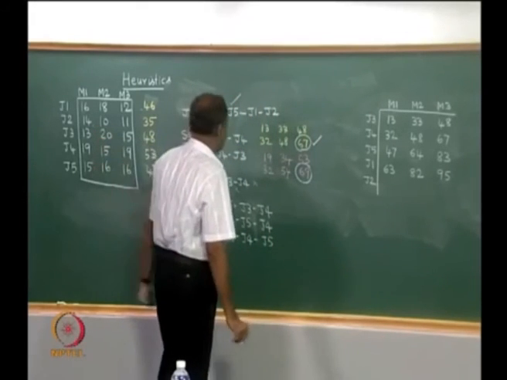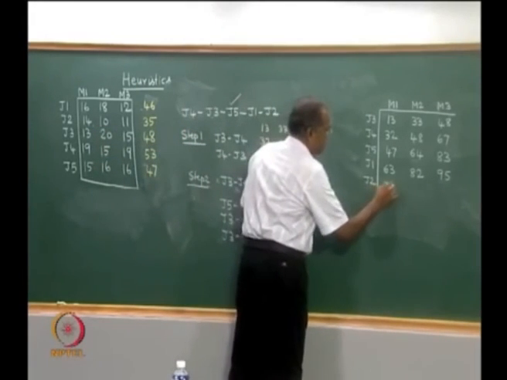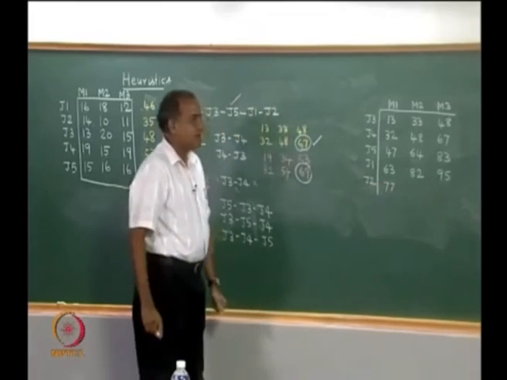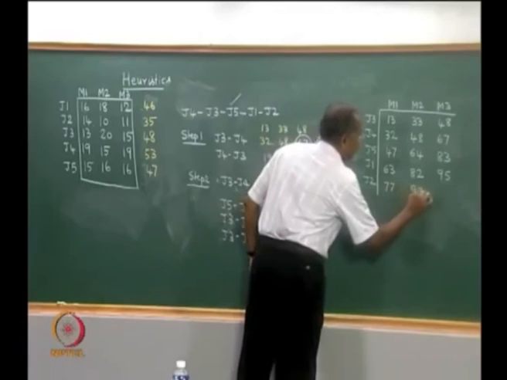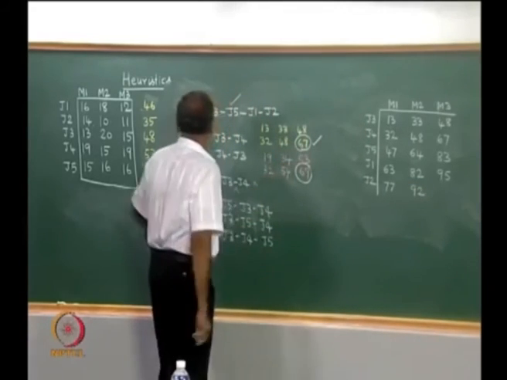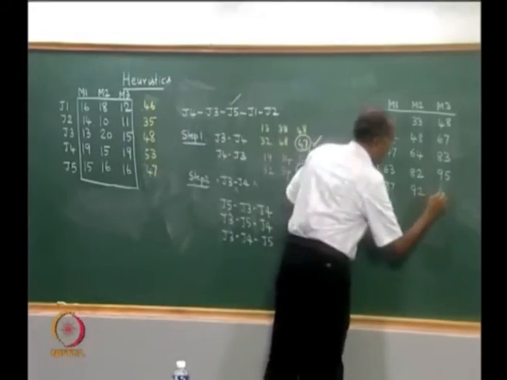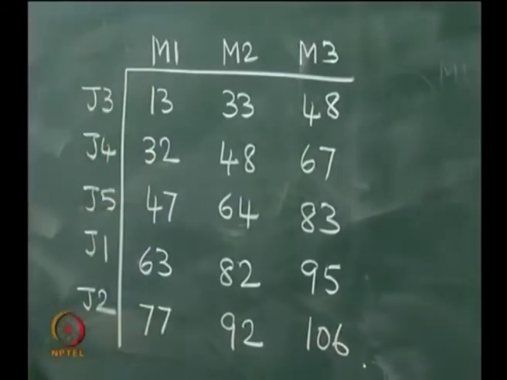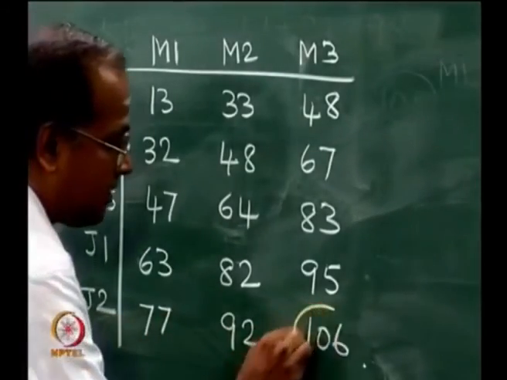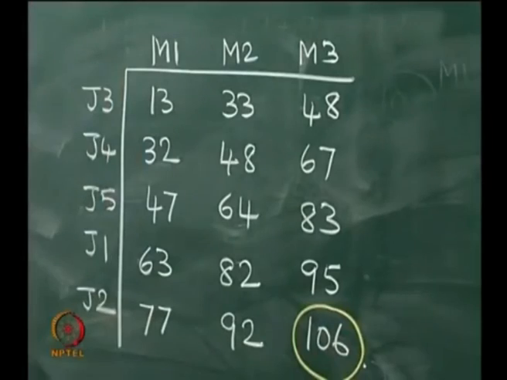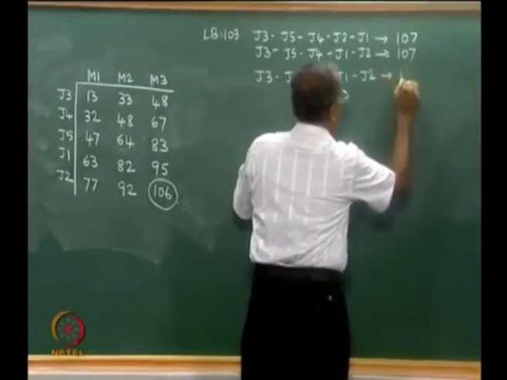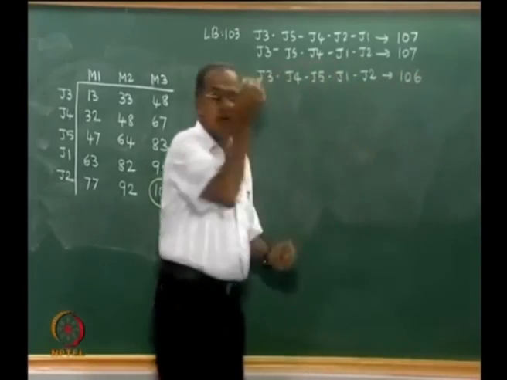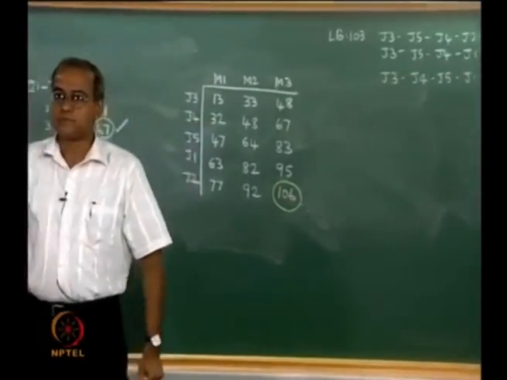J2 starts at 63, takes another 14, finishes at 77, waits till 82, takes another 10, 92, waits till 95, takes another 11 and finishes at 106. So the makespan here is 106, which is better than the 107 that we got. So we have a makespan of 106.